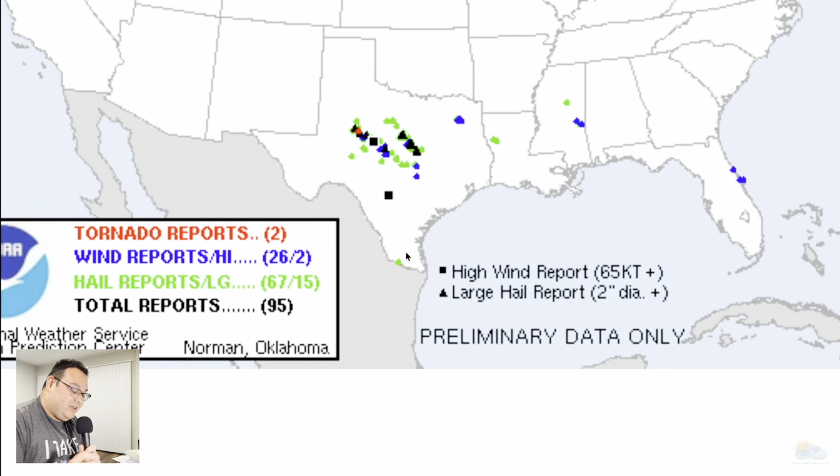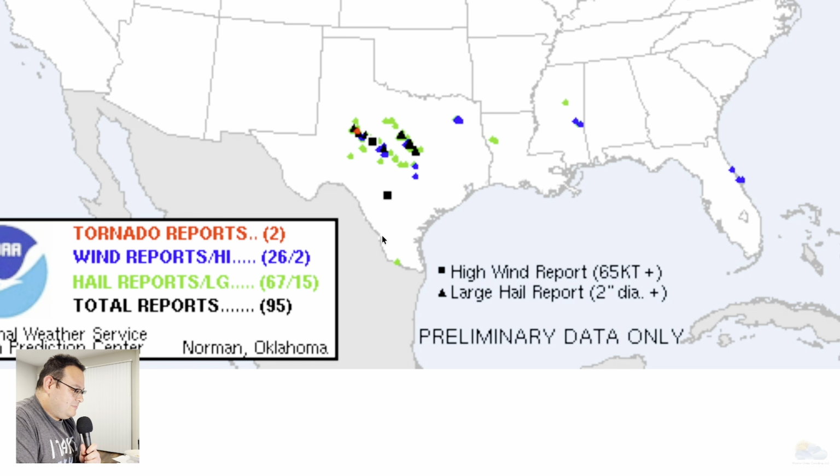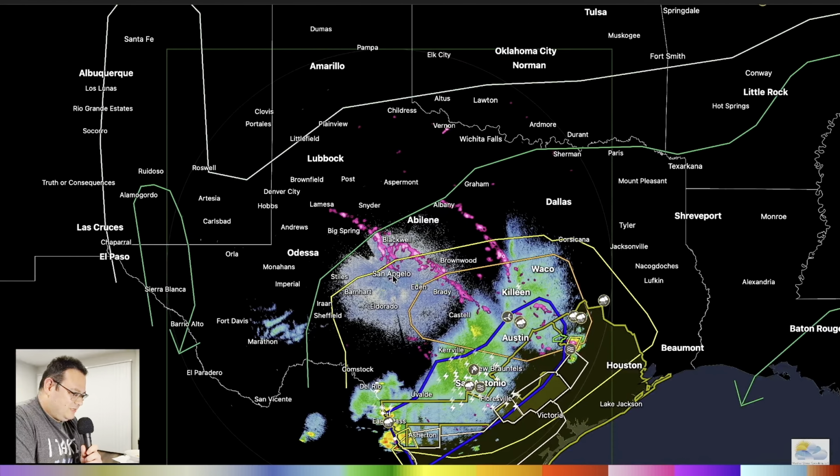And now when we look at the storm reports, there's a lot of storm reports right here, but right up there, which might be a little bit more east, there's tornado reports. There's 2 tornado reports. Now, again, this is preliminary data, so it's not officially in the archive just yet, but there are 2 tornado reports that came in. I think this is just a little bit west of where we're seeing here.